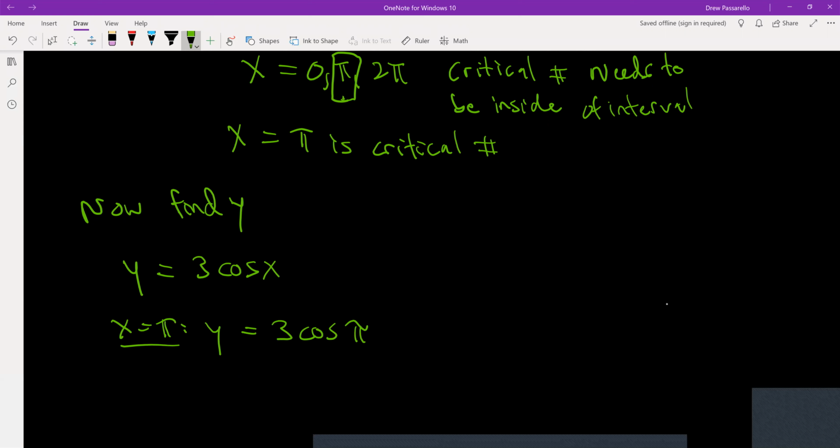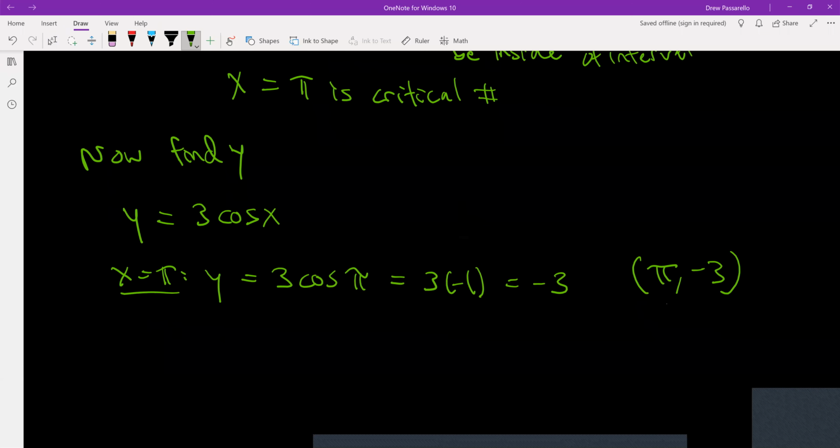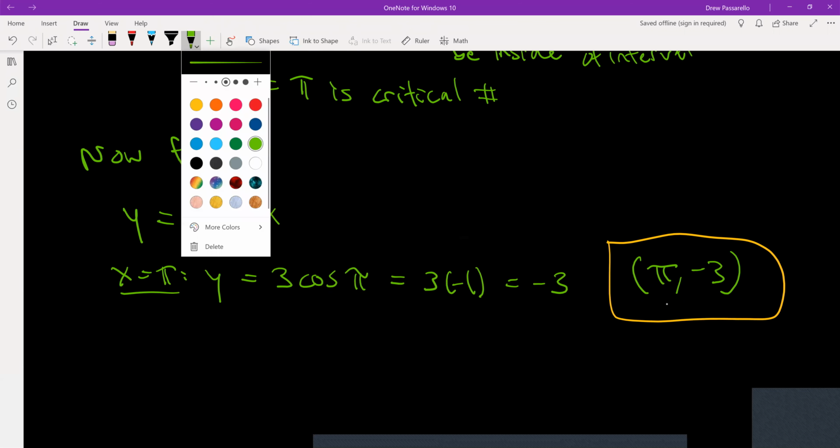And cosine of pi is negative 1, so that's 3 times negative 1. So that makes this have the point pi is the input, and then the output is negative 3. That's the y value. Now I just need to check the endpoints. So I'll go ahead and box that. So that came from the critical number.